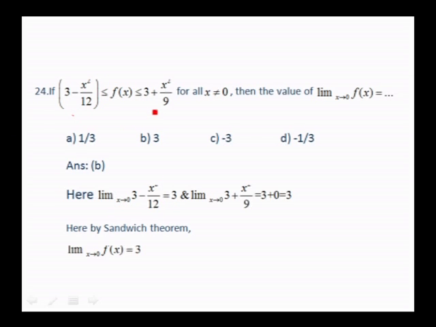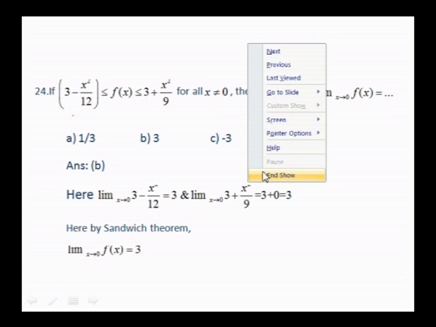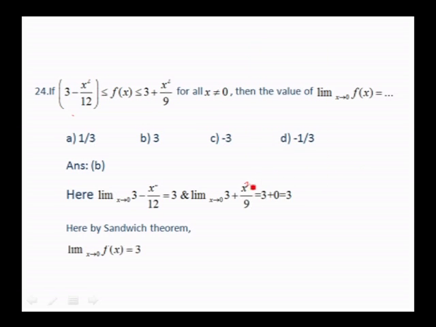If you consider limit of 3 + x²/9 as x tends to 0, that's also 3 + 0, 3. So this fx lies between two limits, namely 3 and 3. Since these two are the same, limit of fx as x tends to 0 is also 3. That is the sandwich theorem.